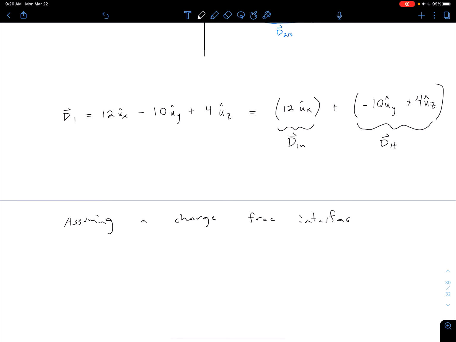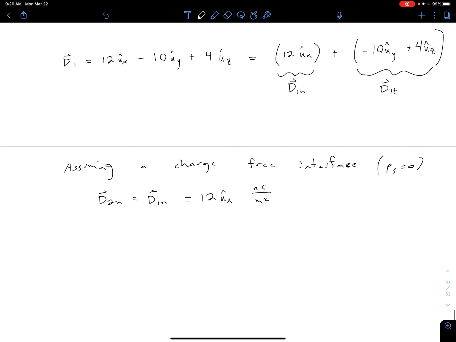We're not told anything about that explicitly in the problem, and so that means our rho s is going to be 0. Ultimately, we can say our D2 normal is equal to D1 normal. In this case, that is going to be our 12 u of x, and the units of that were nanocoulombs per square meter.